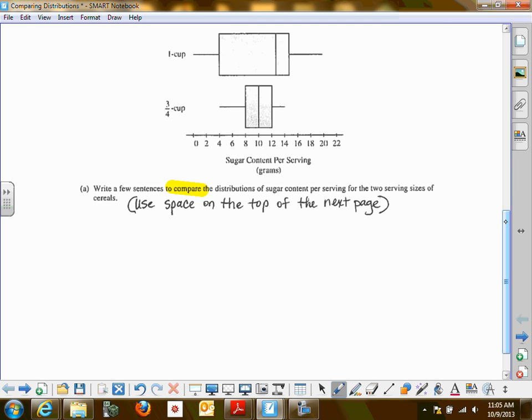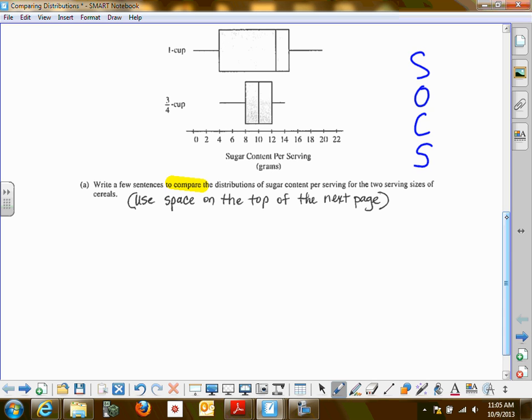When we describe a distribution, we describe it with our SOCS. So we're going to describe and compare these 2 box plots with our SOCS. What does the first S stand for? Shape.